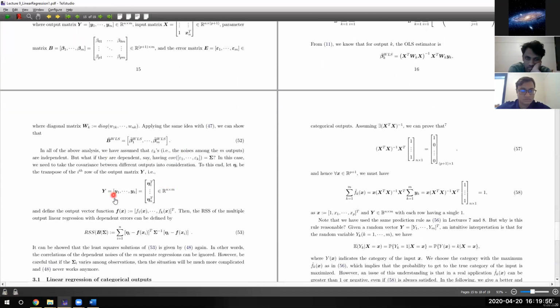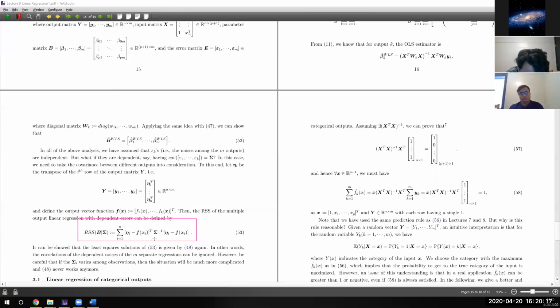First of all, we define the Y to be this way, where this notation means there are columns, and this notation means there are rows. Each eta_i means the ith row of matrix Y. Okay, and what we're going to do is define in this way.